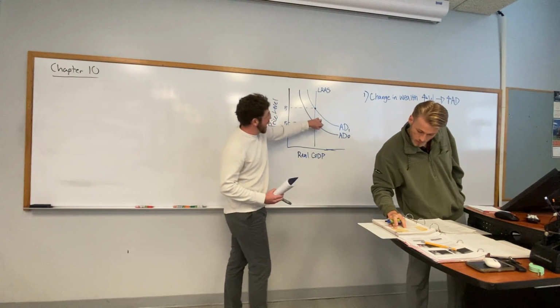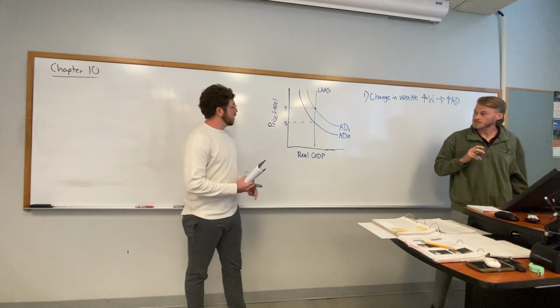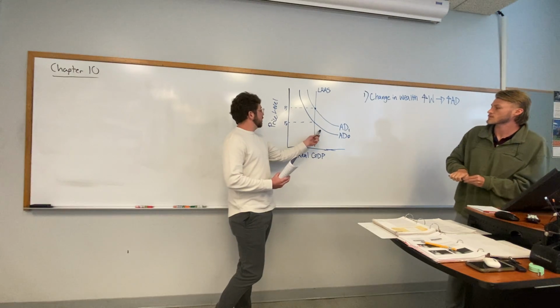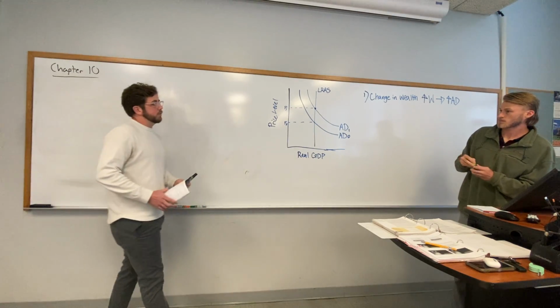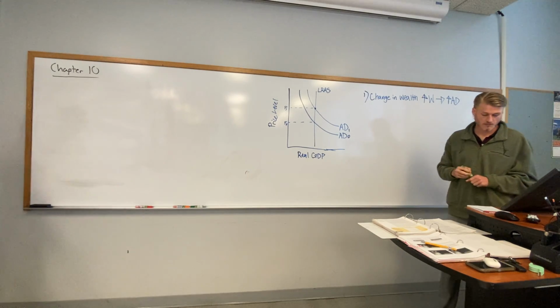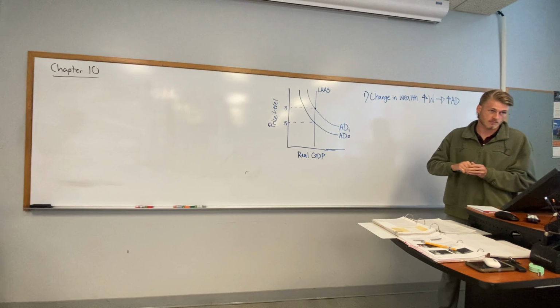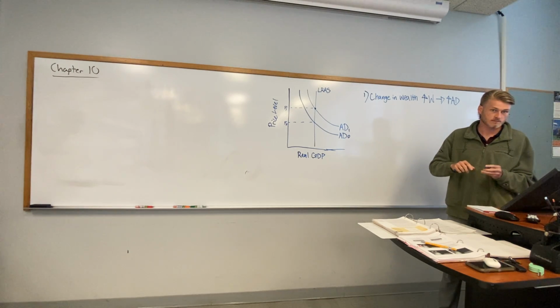We went from aggregate demand 0 to aggregate demand 1 on our demand curve. And if there was a decrease in wealth, we would shift the other way. The demand curve would be shifted inwards, which would be a decrease in price. Any questions on the first one so far?